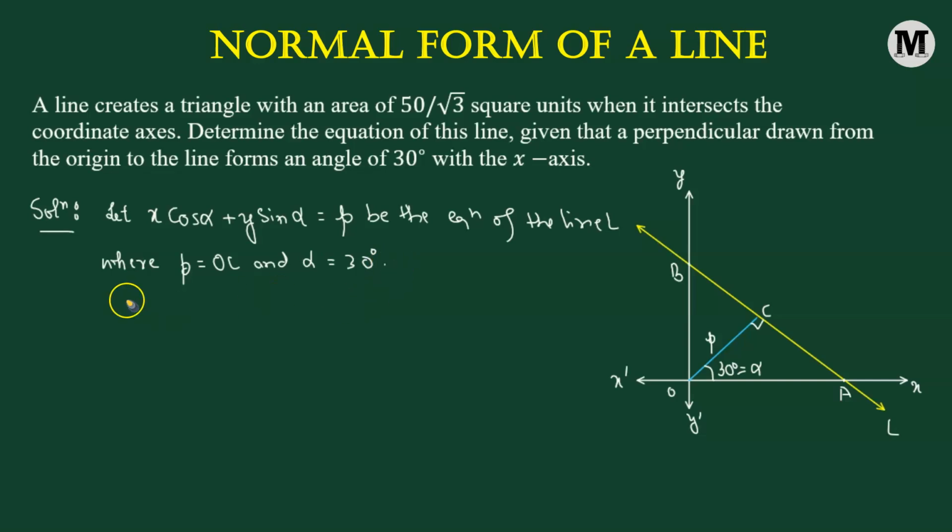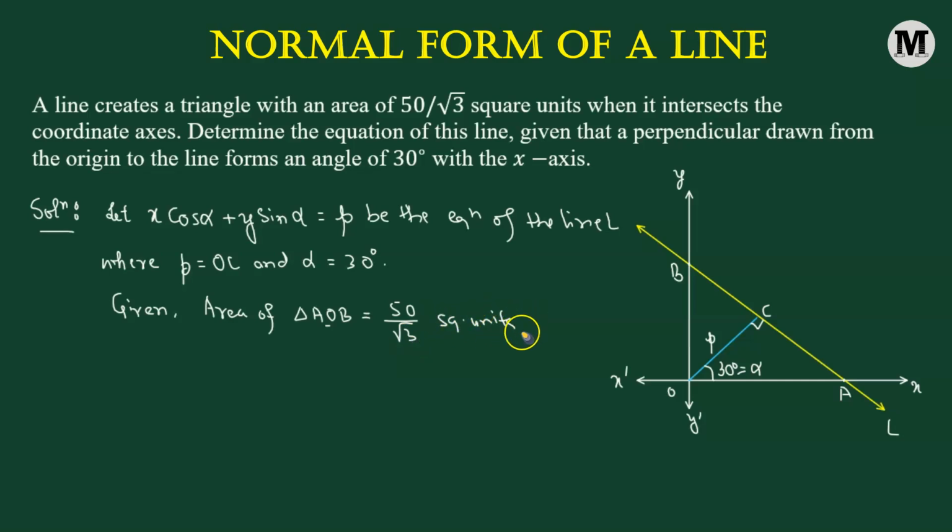Now, it's also given in the problem that the line L is forming a triangle with the coordinate axis, which is the triangle AOB. The area of the triangle AOB, which is right angled at O, equals 50 over square root of 3 square units.